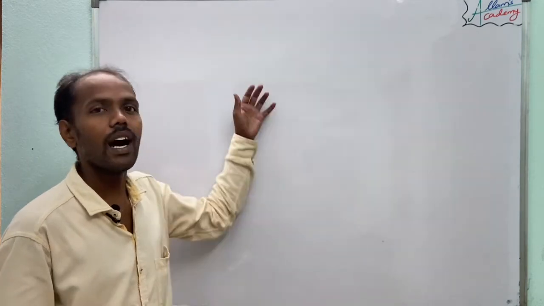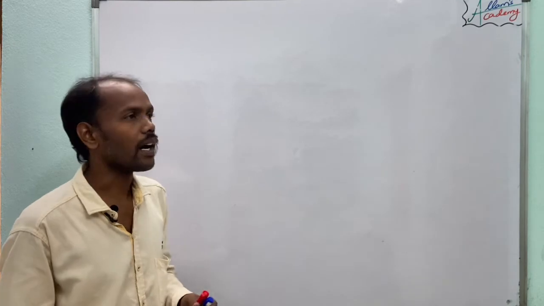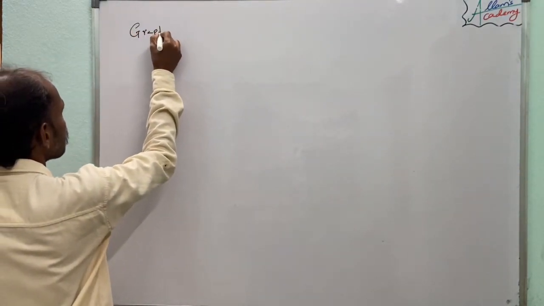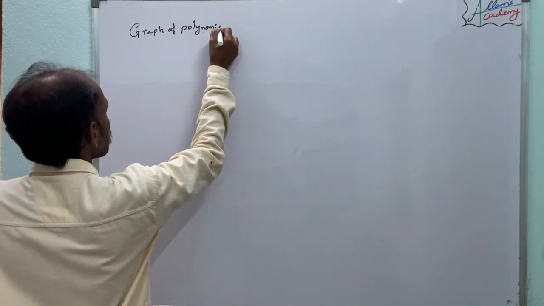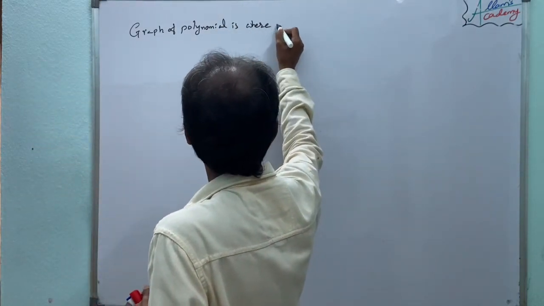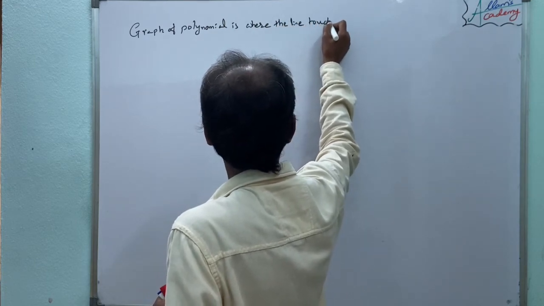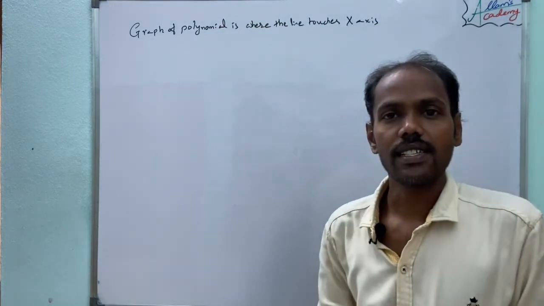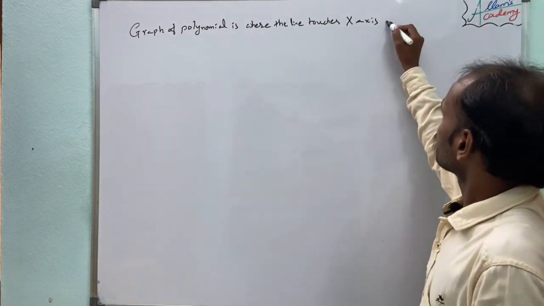So from all these problems we conclude that the graph of a polynomial is where the line touches the x-axis. So it touches at the x-axis, that point's y-value is only 0.